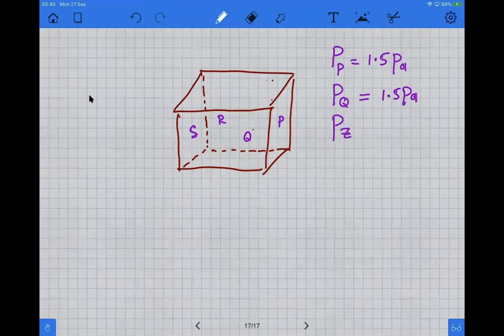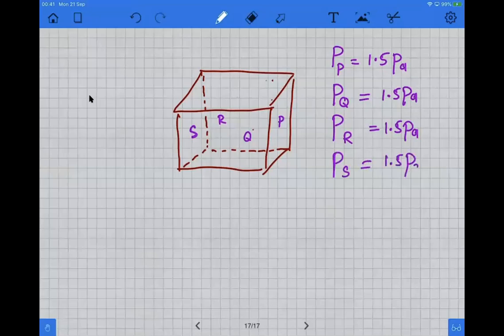Pressure on R is 1.5 Pascal. Pressure on S is 1.5 Pascal. Pressure on every side face is 1.5 Pascal.